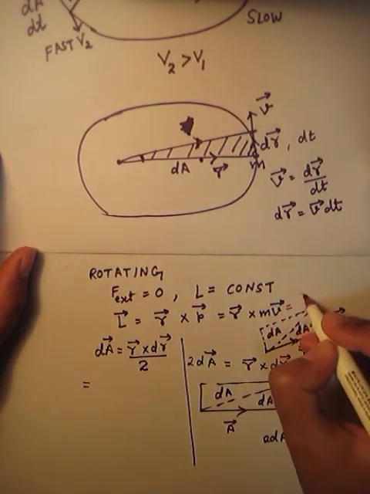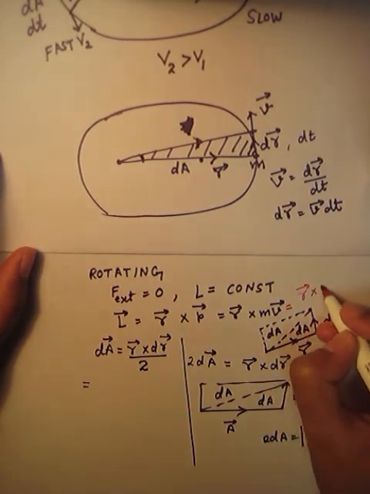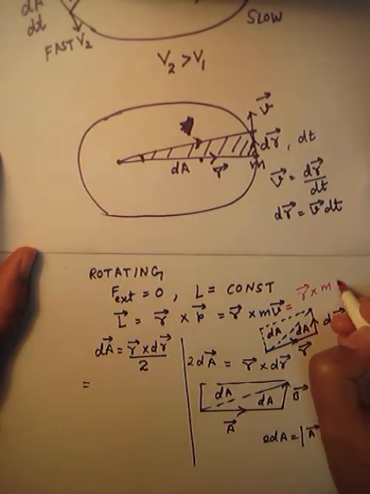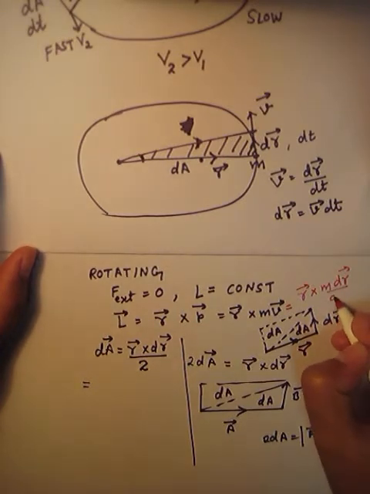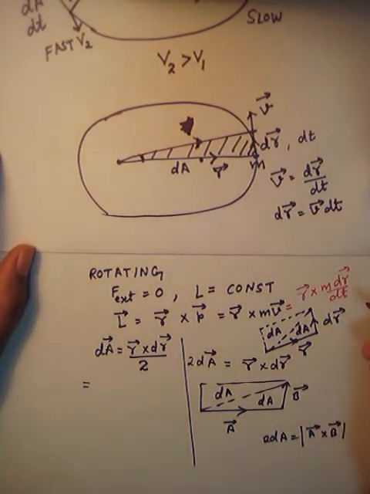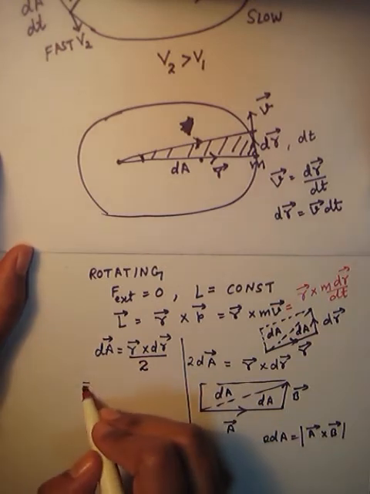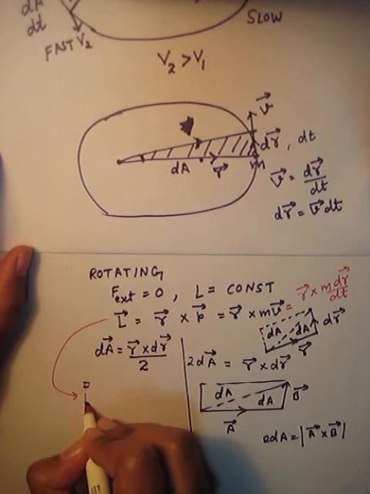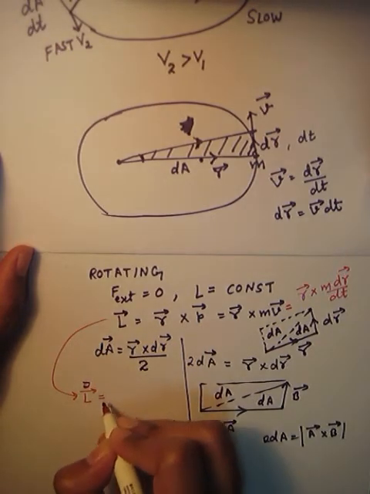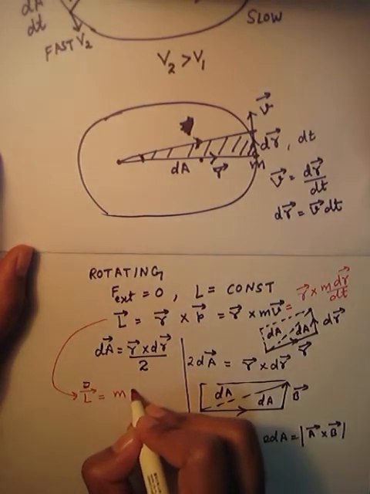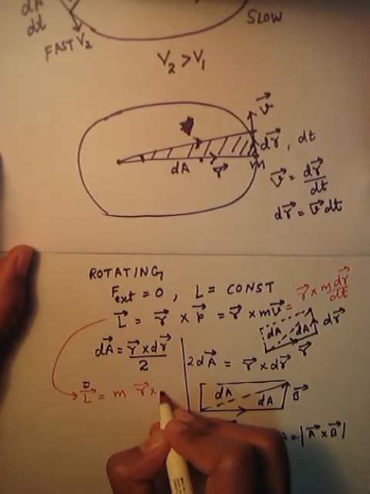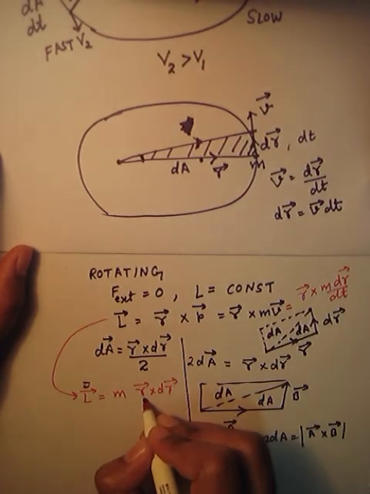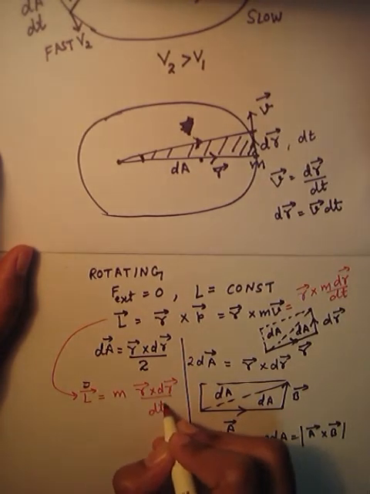So L vector will be r vector cross m, and v vector will be dr vector upon dt. So what we get from this equation is that L vector will be equal to m times r vector cross dr vector upon dt.